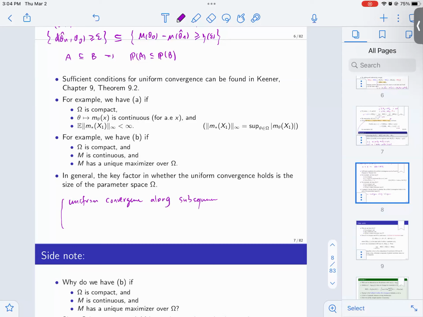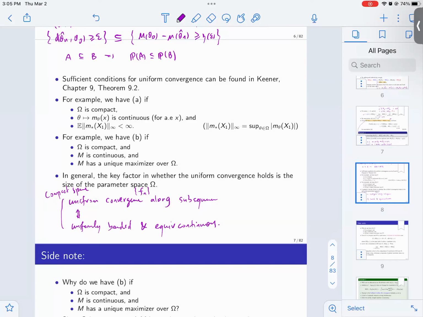Okay, so this is a uniform convergence of a sequence of functions along a subsequence, in a compact space. It holds if and only if the sequence is uniformly bounded and equicontinuous.